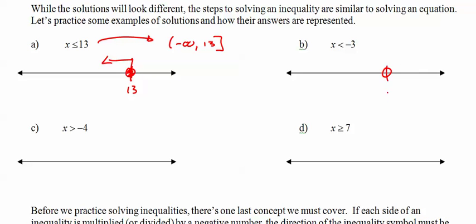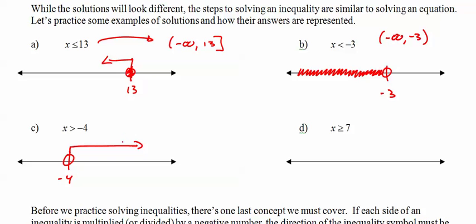We can do whatever we want with it. X is, in interval notation, negative infinity to negative 3, parentheses. Greater than negative 4: negative 4 to infinity. Greater than or equal to 7: 7 to infinity.